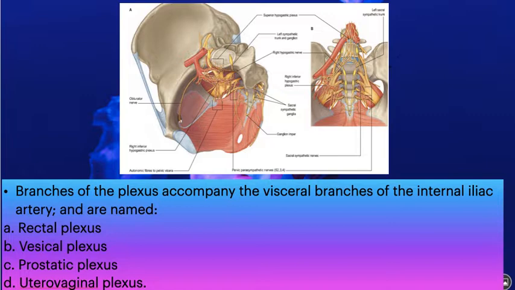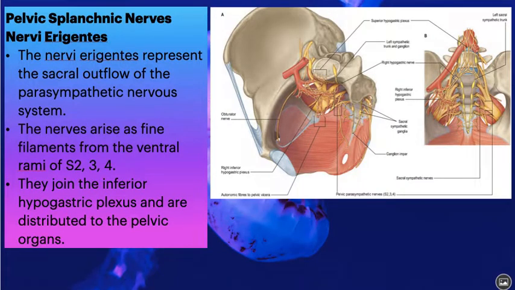The branches of the plexus accompany the visceral branches of the internal iliac artery, namely the rectal plexus along the rectum, vesical plexus from the bladder, prostatic plexus from the prostate, and the uterovaginal plexus.